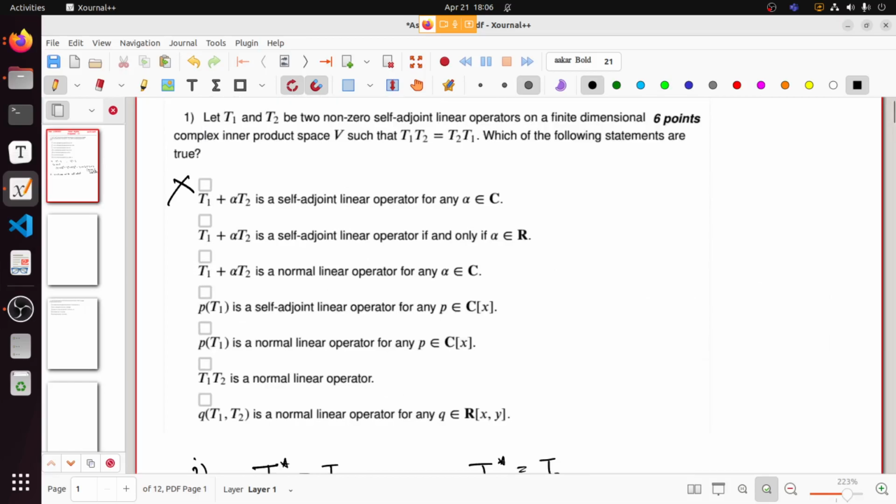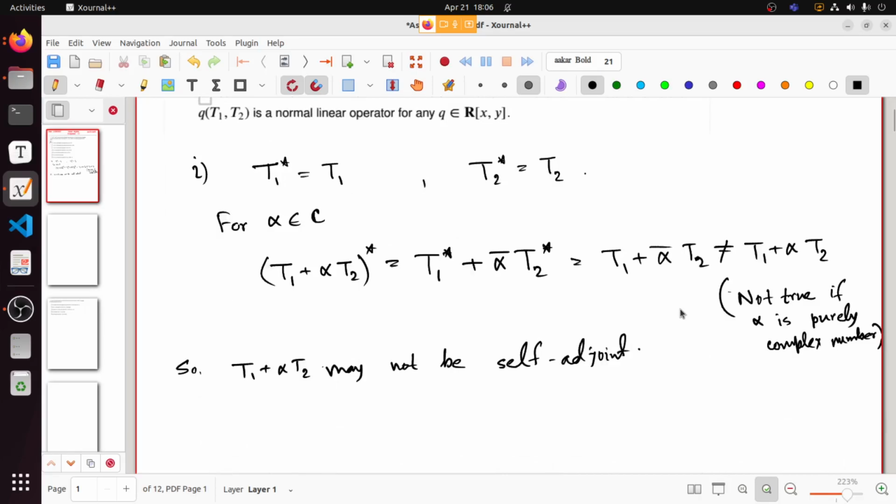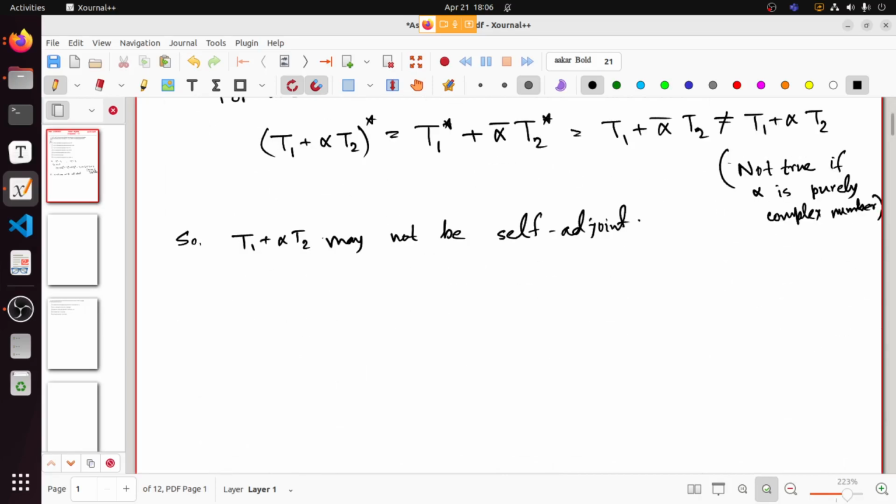Next option is saying that T1 plus alpha T2 is a self-adjoint linear operator if and only if alpha is a real number. Let's check this. First, the converse direction: if alpha is a real number, alpha belongs to R, then what will be T1 plus alpha T2 star?